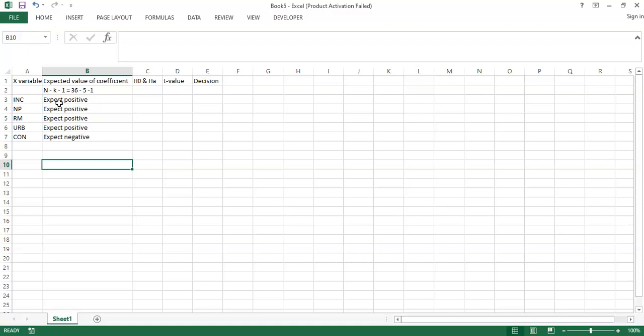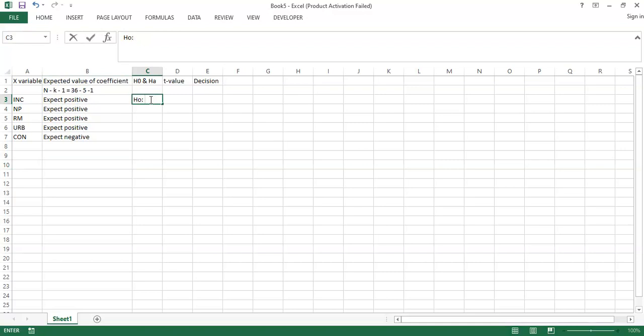So, for instance, if we're expecting a positive sign on our coefficient, then our null hypothesis should be anything that is 0 or negative. That will be representative of our null hypothesis. So this is how we are going to write it. H nil, let me write that as H0.